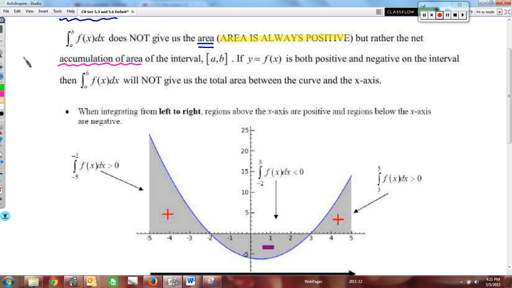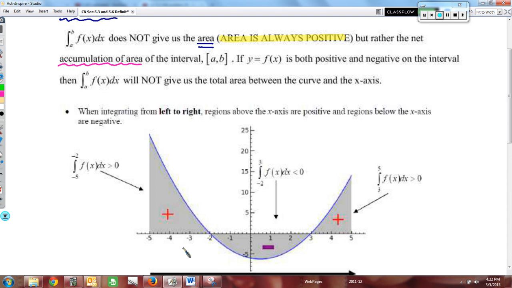You would figure out whatever the units are, and it's an accumulation of the quantity of whatever your quantity function was. f of x is your rate function, and it tells you how much you have accumulated over the interval a to b. That quantity is always area, because you have a rate, which is quantity per time, times your time. So it is an accumulation that we are looking at.